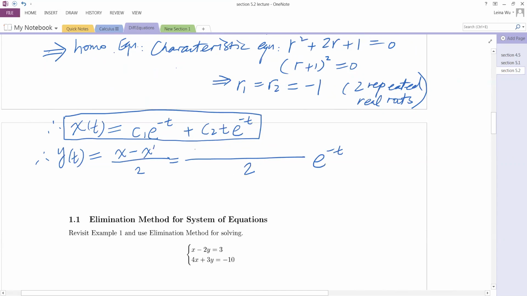On top you have 2c1 plus 2c2 t, and then minus c2, e raised to the negative t, which you can also write as c1 plus c2 t minus c2 over 2, times e raised to the negative t.